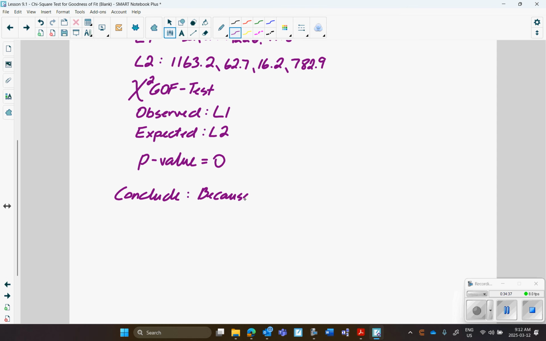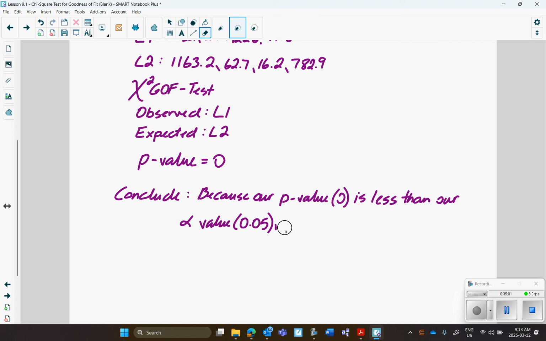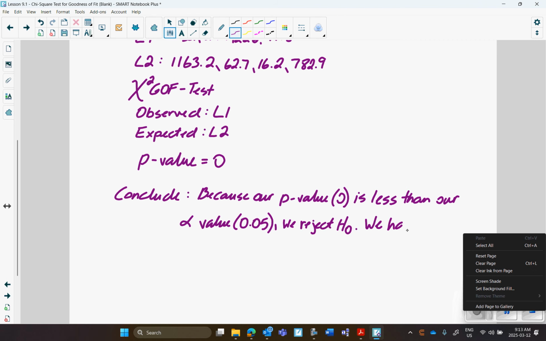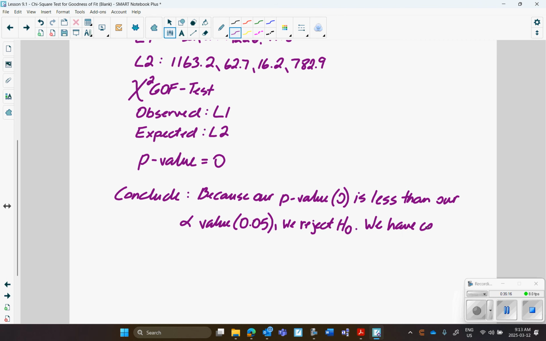So because our p-value, which is 0, is less than our alpha value, which is 0.05, we reject. We have convincing evidence, and then you just rephrase, restating the question again.